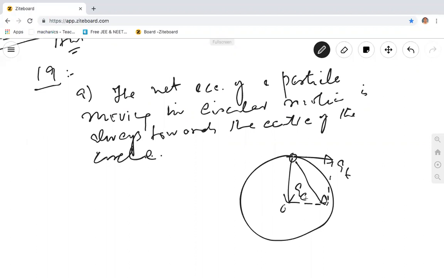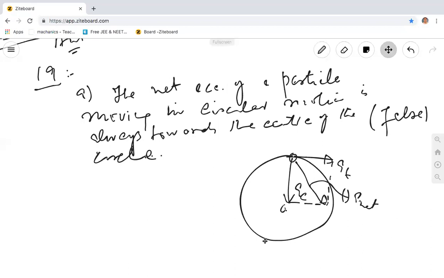Although centripetal acceleration is always towards the center, in addition there may be some tangential acceleration, so the net acceleration may not be towards the center. So it is false. Number one. Number two, do you understand or should I repeat it again?